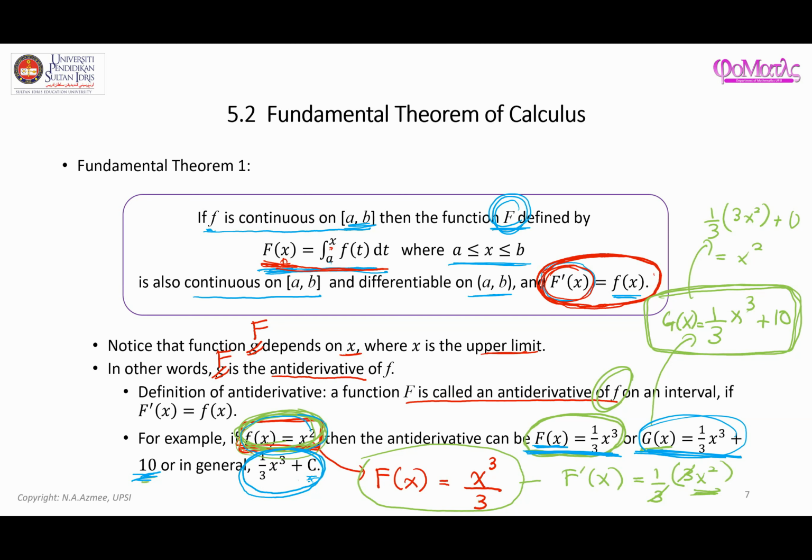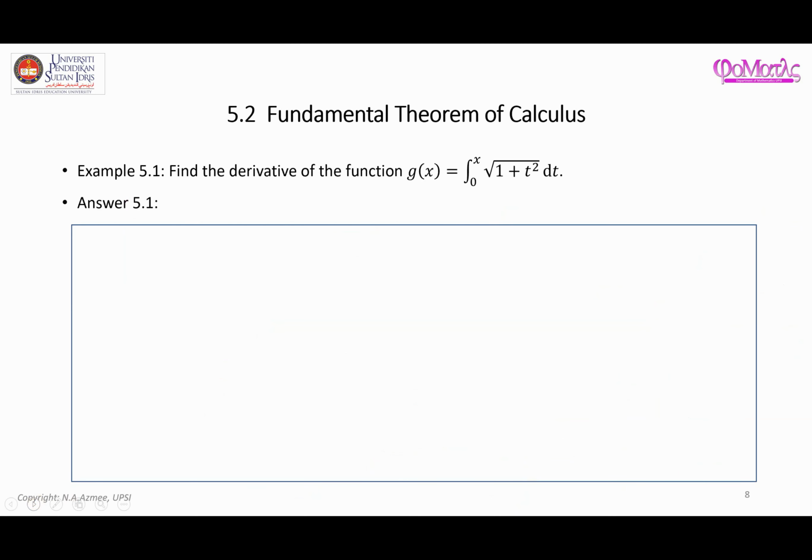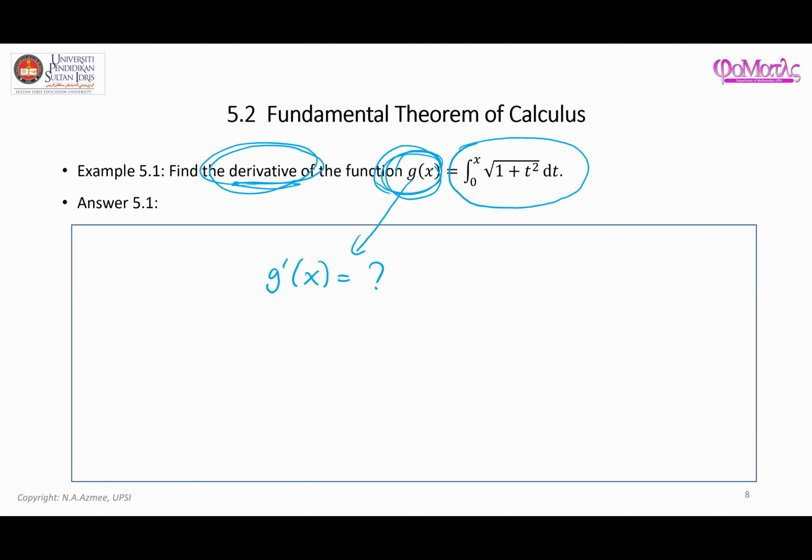Okay, so now I'm going to illustrate a simple example. In this example, it is asking you to find the derivative of this function, where this function is defined as this one. What it is saying is that basically it wants you to find what is g prime x, the derivative of g(x).